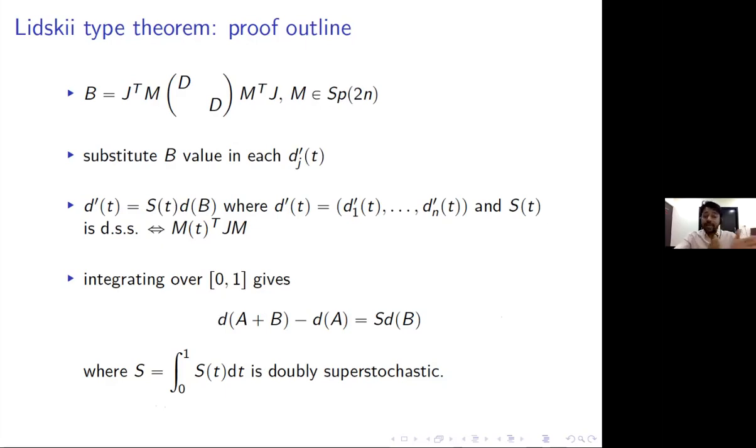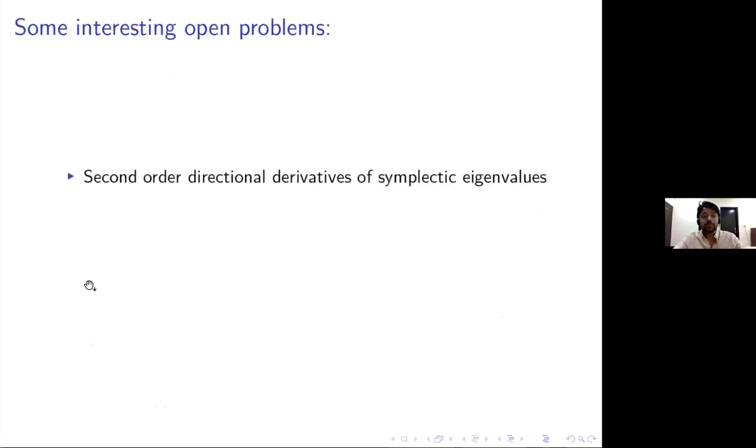So I end my talk here, but before that, I'll just talk about 2 possible problems one could work on related to symplectic eigenvalues. Now that we have already established first-order directional differentiability, one could also look into the behavior of symplectic eigenvalues and study second-order directional differentiability.